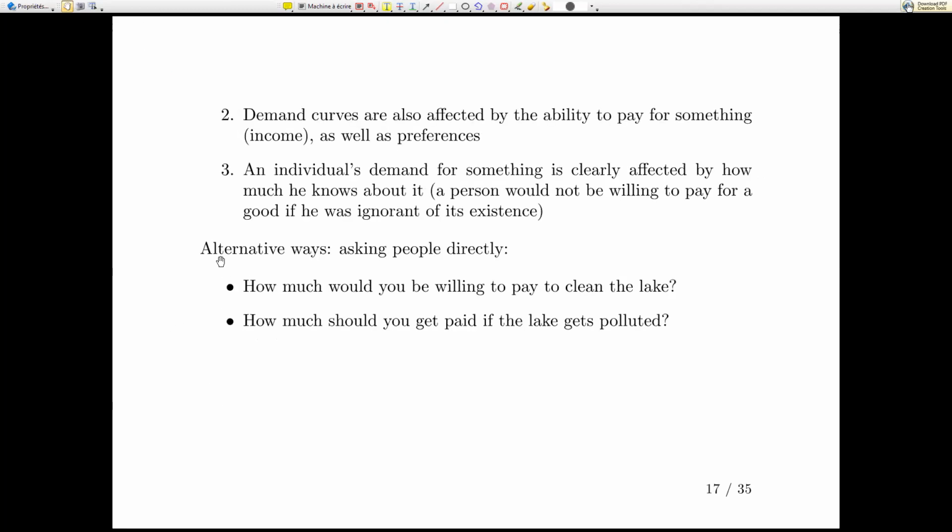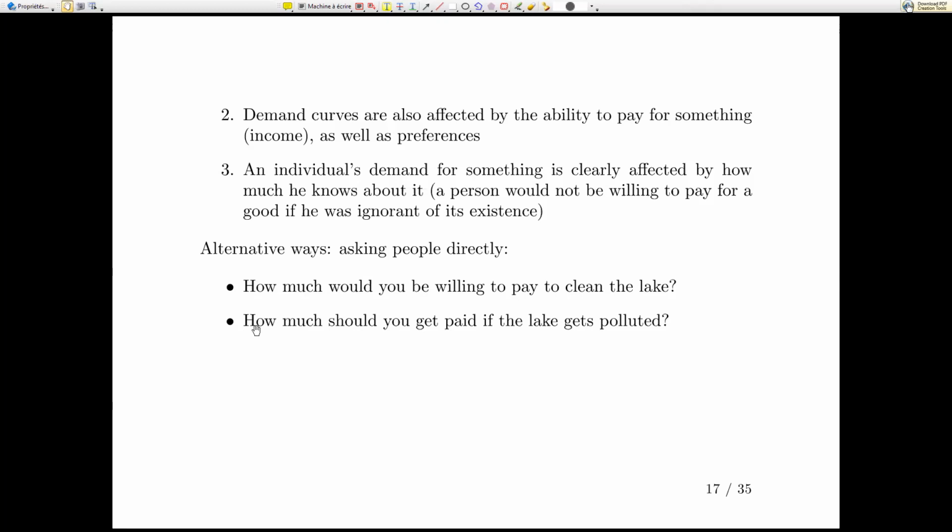An alternative way, so this is determining value thanks to the demand, so thanks to the market signal. An alternative way that economists and policymakers can use is asking people directly. What we can typically do is ask for two different things. First, we could say, you live near a lake, but it's dirty. How much would you be willing to pay to clean the lake?